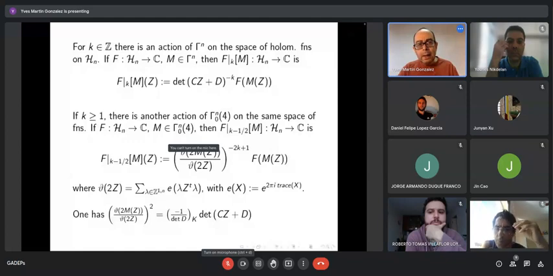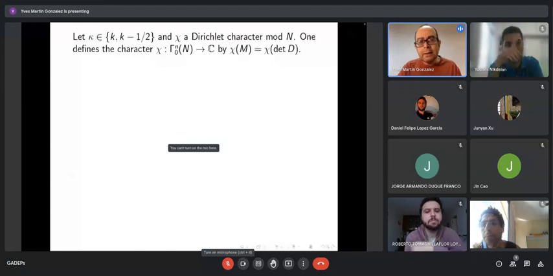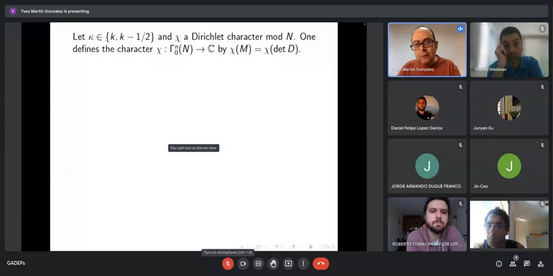First, we pick a parameter kappa that is an integer k, or is an integer k minus 1/2. So it's an integer or a half integer. And we take any Dirichlet character chi mod big N. And with that Dirichlet character, we will build a character for the group gamma 0 N. Okay, and that's chi of M equal to chi of determinant of d, this block in the matrix M.